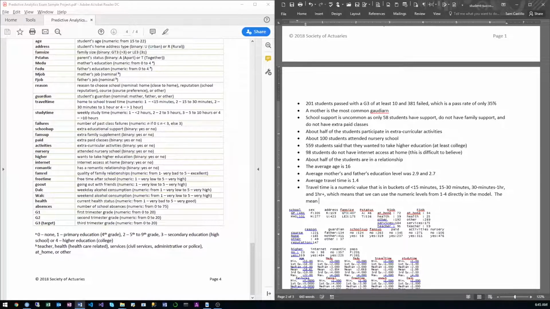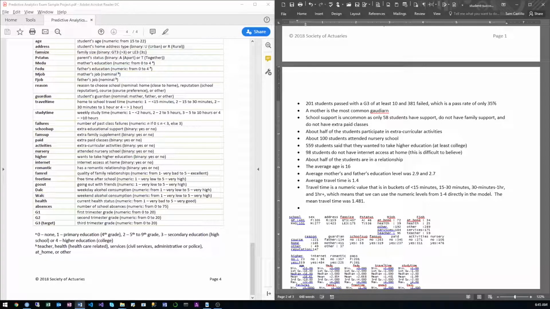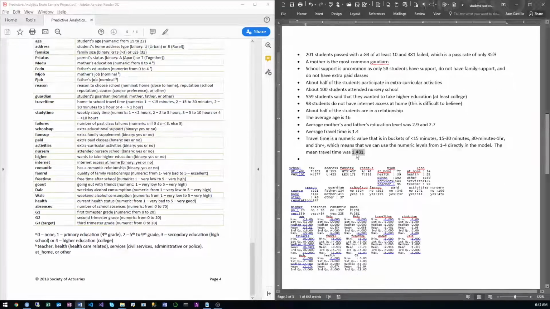The mean travel time was 1.841, which doesn't have a clear interpretation. But that's okay. It's just a numeric value.